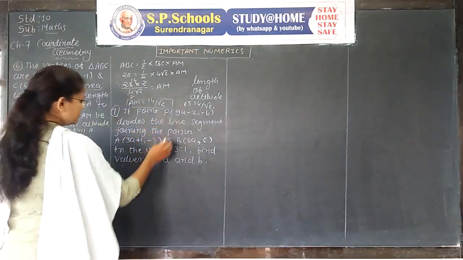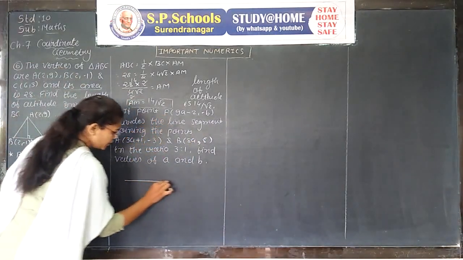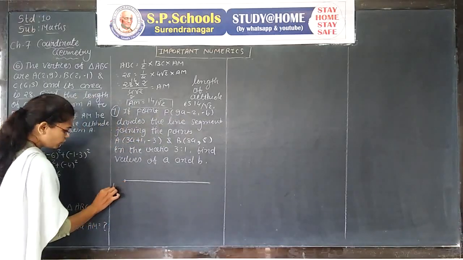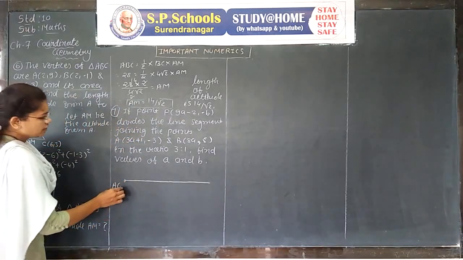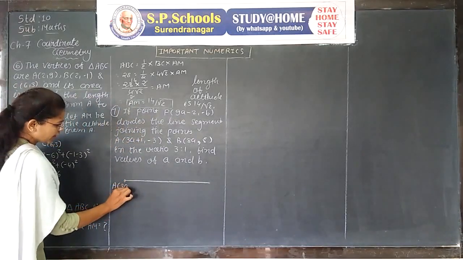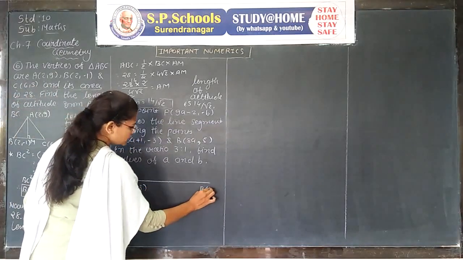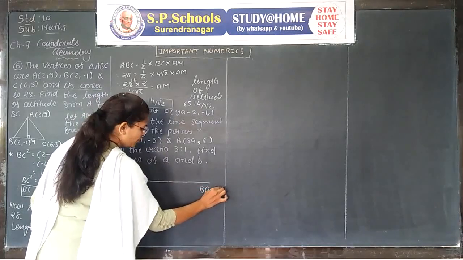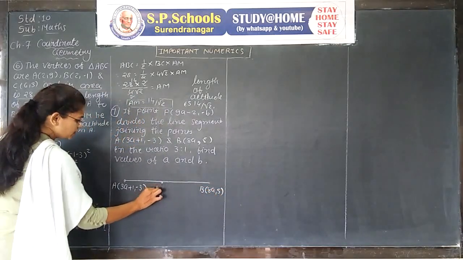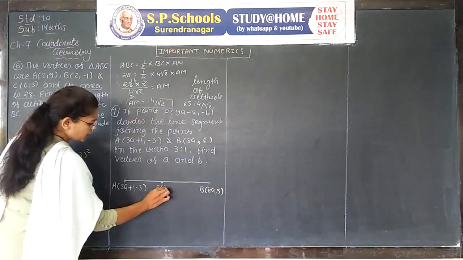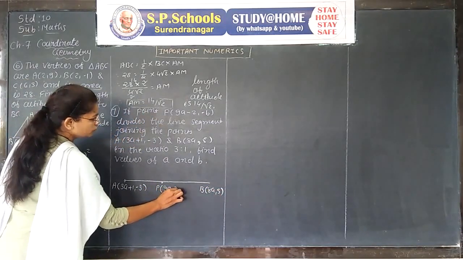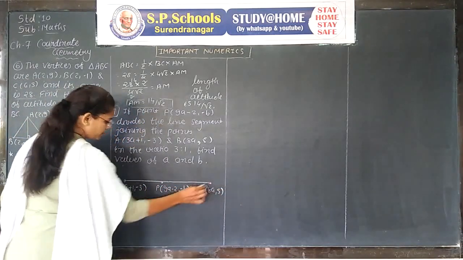Here point P divides the line segment joining the points A and B. Let us draw one line where A is (3a plus 1, minus 3) and B is (8a, 5). P divides this line segment AB. P is (9a minus 2, minus b).